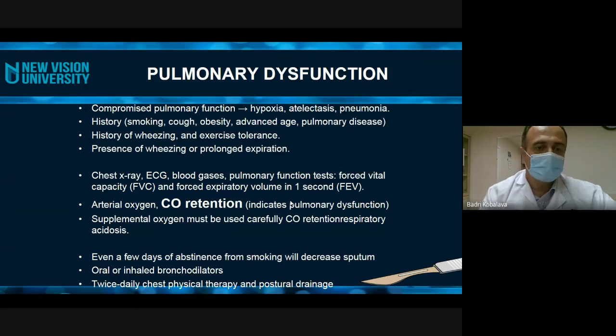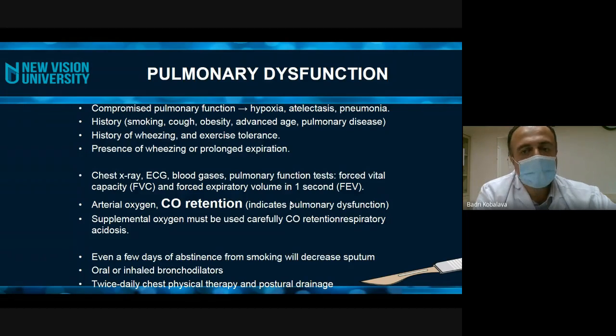We must ask about smoking, and in case of smoking, how much and how long the patient smokes. History of cough. Also, obesity affects, morbid obesity affects the respiratory function. Advanced age. With age, emphysema develops in lung tissue, which compromises the function.